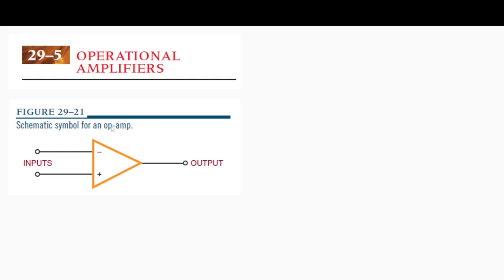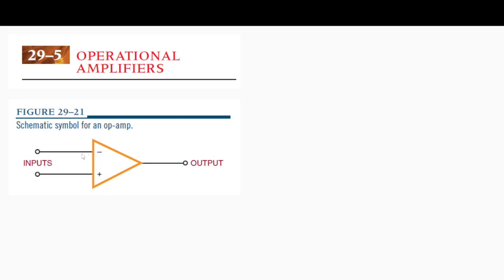Okay, so this is the symbol, and in this symbol you can see these are inputs, two inputs. One is connected with the negative sign and one is connected with the positive sign, and one output.